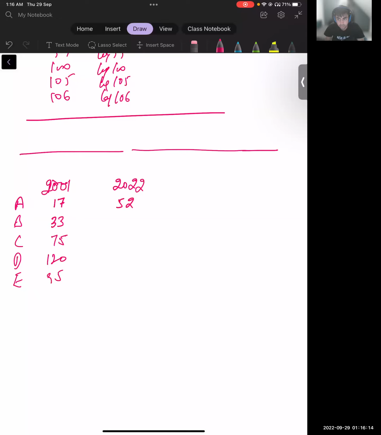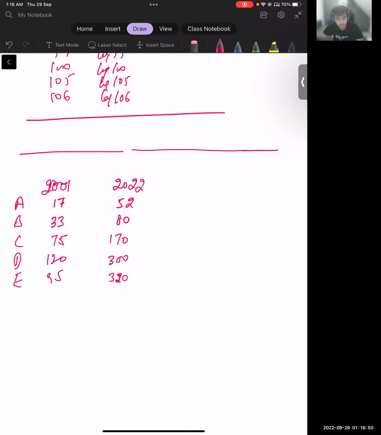The good of 33 has become 80 rupees. The good of 75 has become 170. The good of 150 has become 300. The good of 95 has gone to 370. Which good's price has increased at the fastest rate? Suppose it is 320.